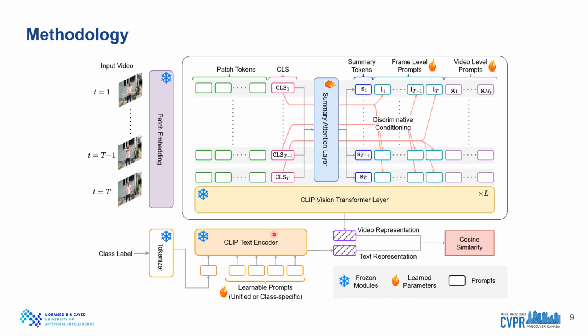Similarly, on the text side, we have learnable prompts that are trainable on the text encoder to improve our text representation. And these are the only things that we are training: the summary attention layer, the frame-level prompts, the video-level prompts, and the text-side prompts. The CLIP vision encoder and the CLIP text encoder are kept frozen.